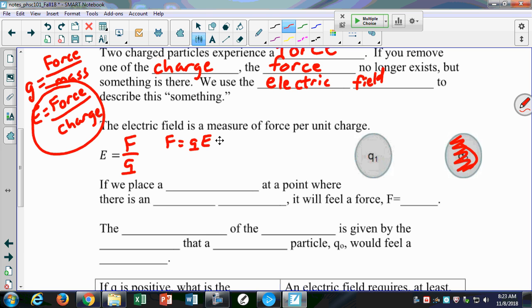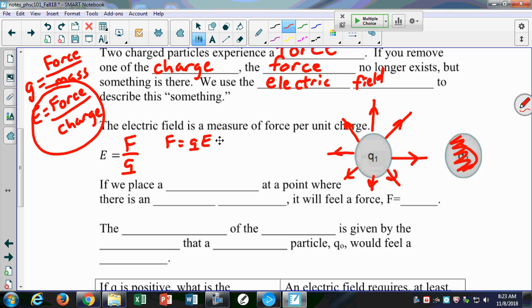I would have lines that come out radially from that object, and they go out into space and extend forever. What those lines show is the direction of force that a particle would feel if it were in that position.